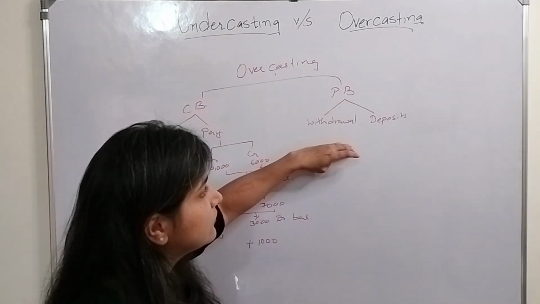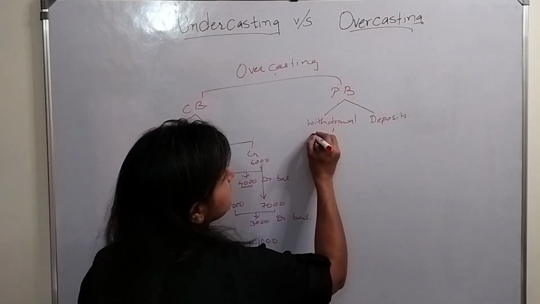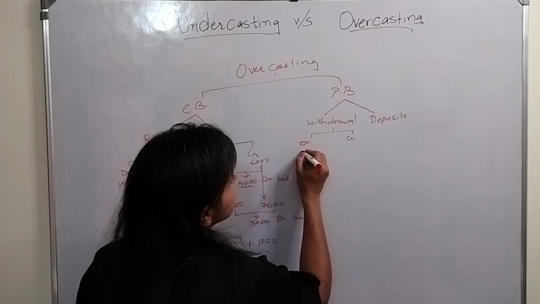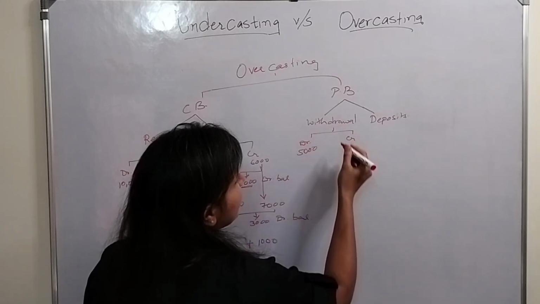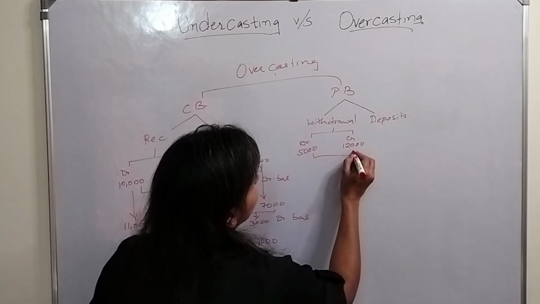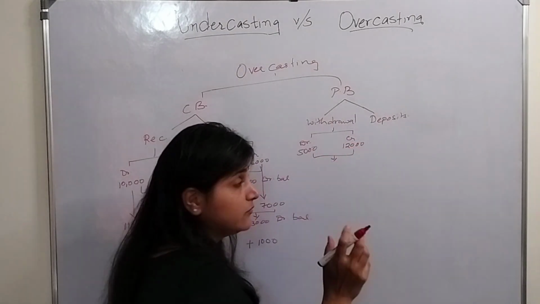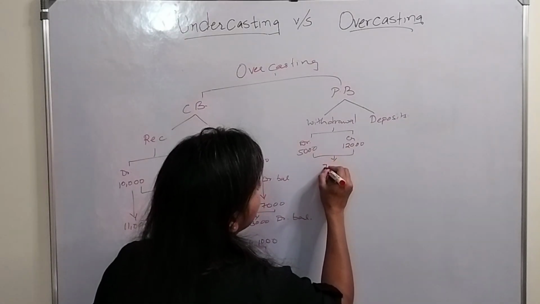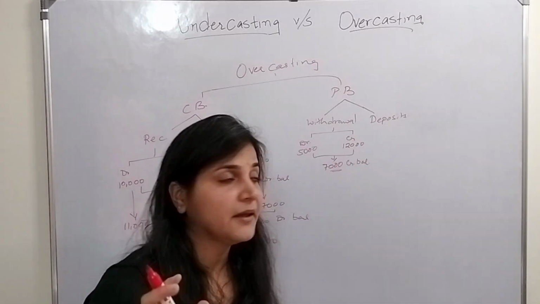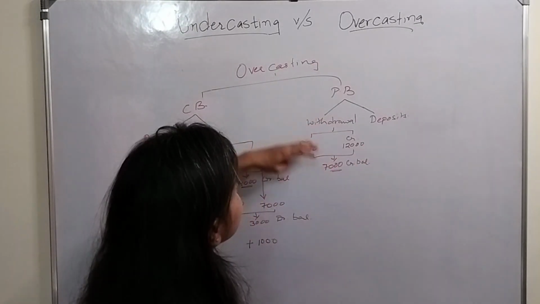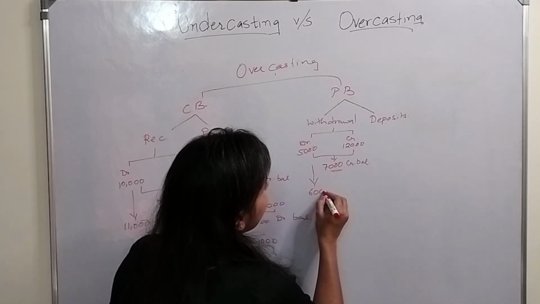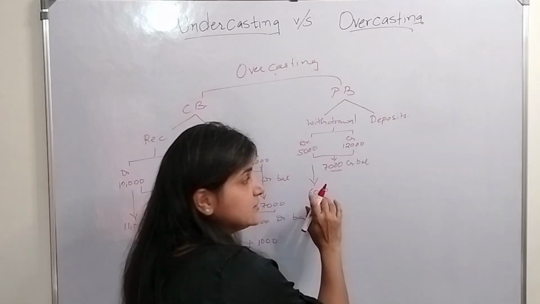In the same way, in the passbook there is withdrawal, which is debit, and deposit, which is credit. On the debit side my withdrawals are 5,000 and my deposits are, let's say, 12,000. So my passbook must show a credit balance of 7,000. But on the withdrawal side, the bank has overcasted, and instead of 5,000 they have by mistake considered 6,000.